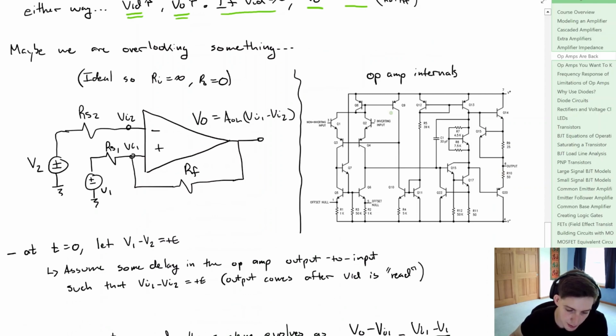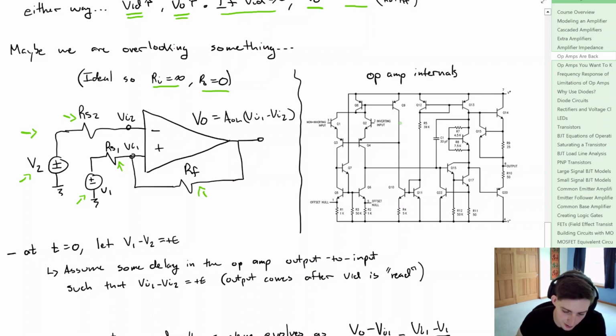So we're going to keep the case that the input impedance is quite large, say it goes towards infinity, and the output impedance is equal to 0. And we're just going to set up a circuit like this, where we're going to plug in some sources, V2 and V1. We're going to have some source impedances, in this case they're just resistors. We still have our input voltages to the op amp, and we have our feedback resistor.